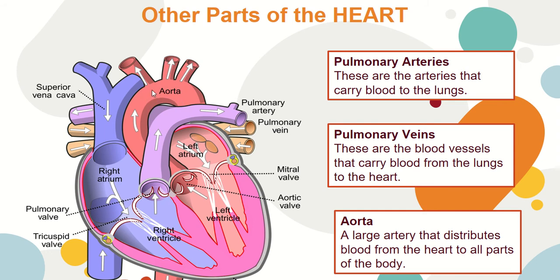Meaning, ito yung dugo na may dalang oxygen at magdi-deliver niya siya kay different parts of the body. It's either on the left side organs, or on the right side organs and the upper part organs of the body. Like brain, what else? Kidney, stomach.